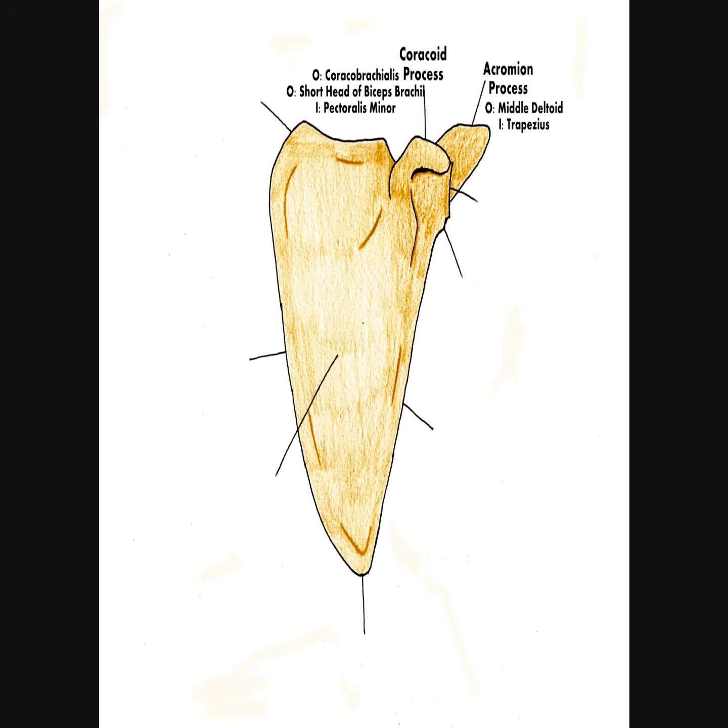Okay, the next structure we have is to the left of the coracoid process. It's kind of like a curve at the top of the bone. You also have one at the bottom. So because you have two, and one's at the top and one's at the bottom, this is going to be called the superior angle of the scapula. Superior angle.